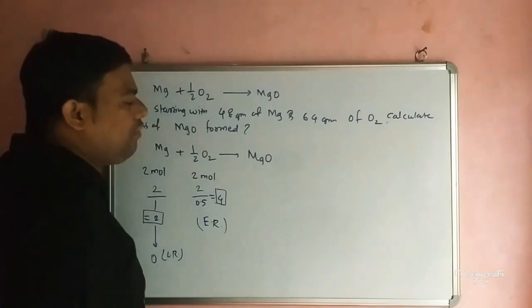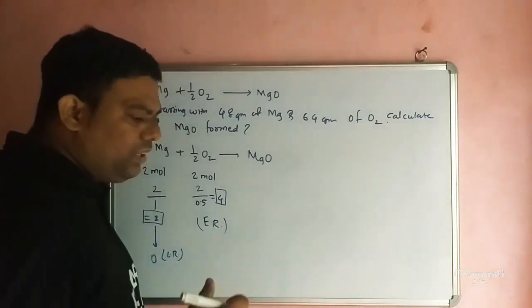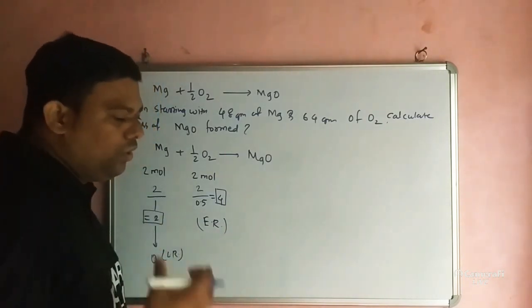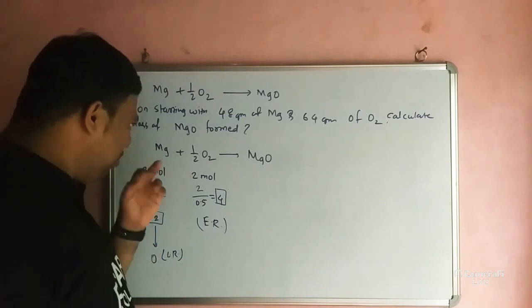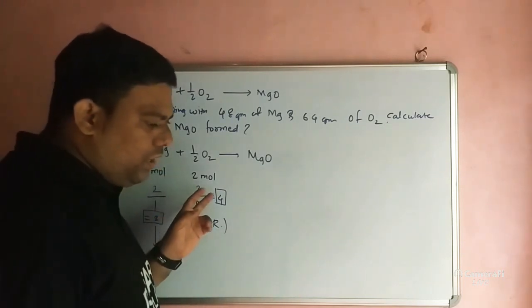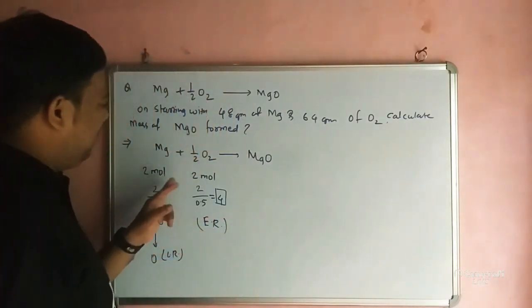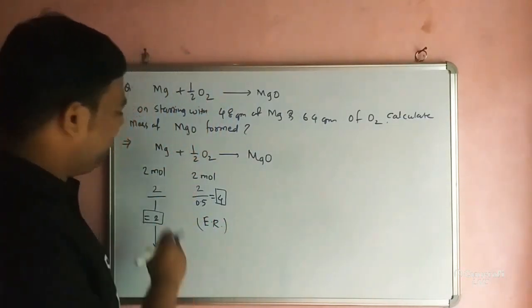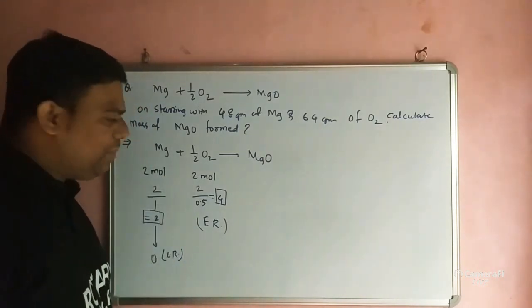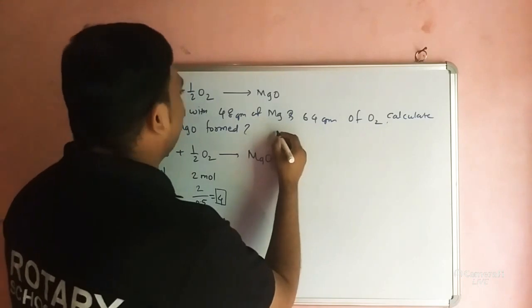Now, what is the question, beta? The question is: calculate the mass of MgO formed. So, beta, as you know, here your Mg is 2 mole. Now here the relation is with Mg. So, beta, from 1 mole of Mg, how much do we get? Understood?